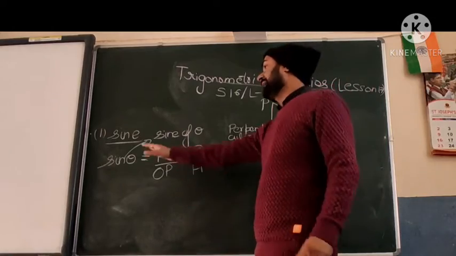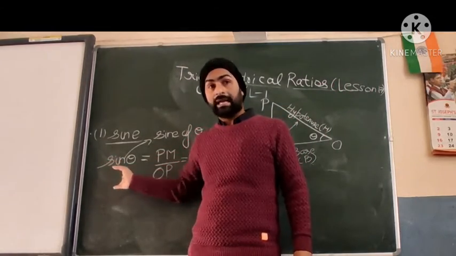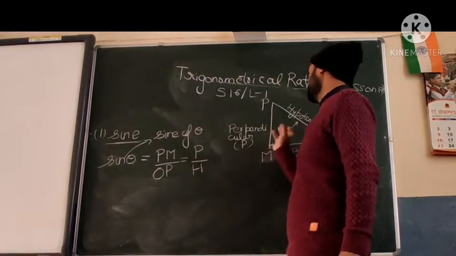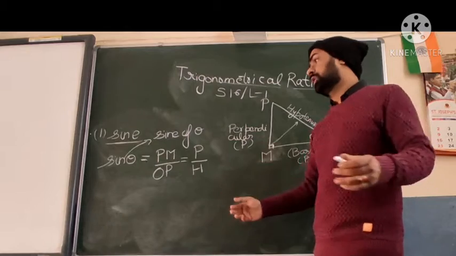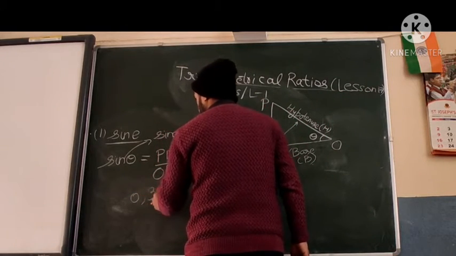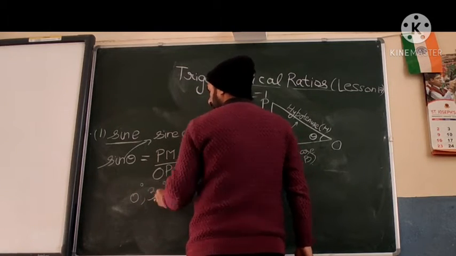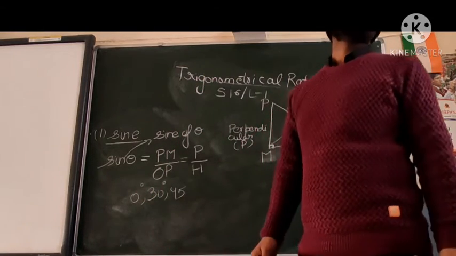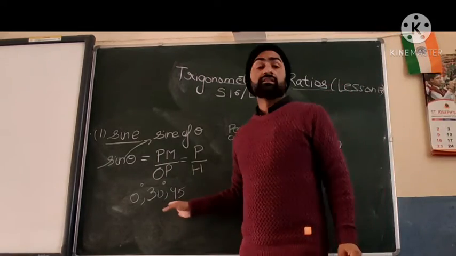So sine is a ratio, and sine is always for an angle. Which angle? Theta here. Theta can be any angle. Theta can have different values. What values can it have? 0 degree, 30 degree, 45 degree. I should write the degree symbol, though I checked the copies, I found that many were just skipping this degree symbol.